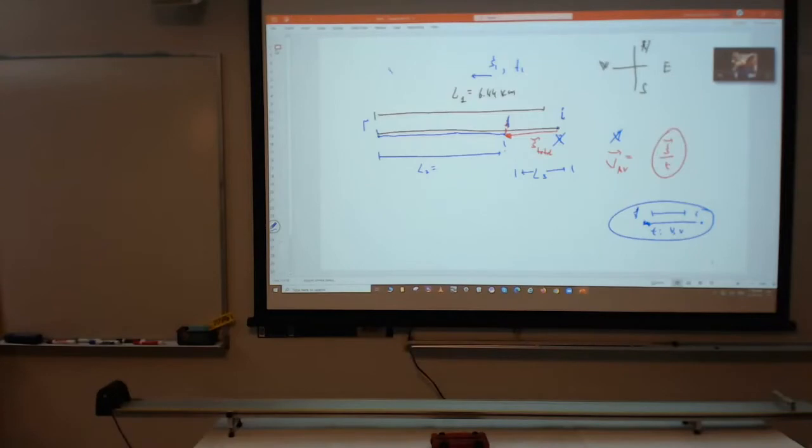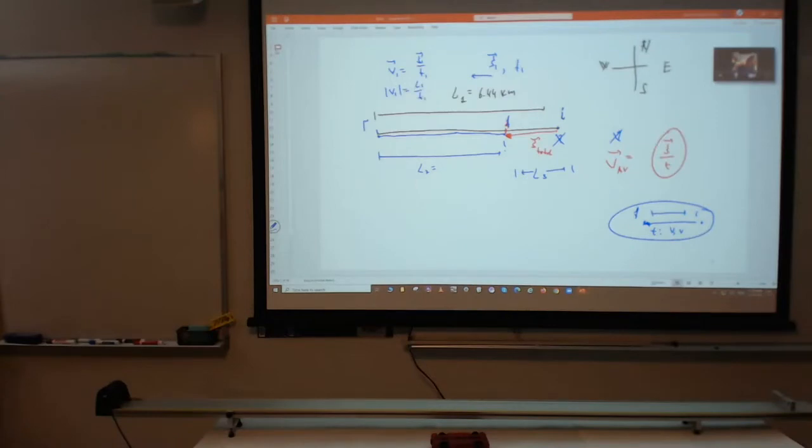You know that velocity will be equal to displacement over time. Average speed would be equal to distance over time.